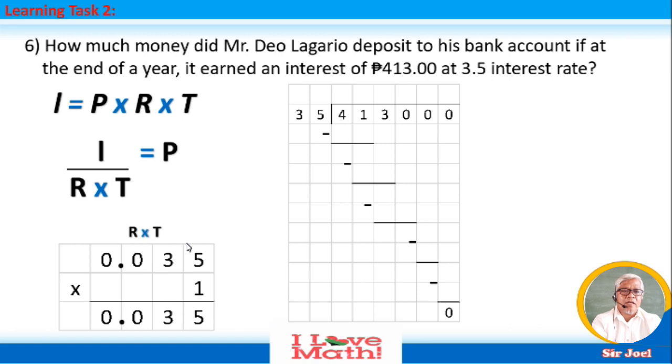Kaya ang problem mo na is 413,000 divided by 35. So, dito sa case na to, walang decimal point involved, kaya naman wala kang i-move na decimal. Okay? So, kung ano man yung sagot, yun na ang sagot dito sa problem number 6.